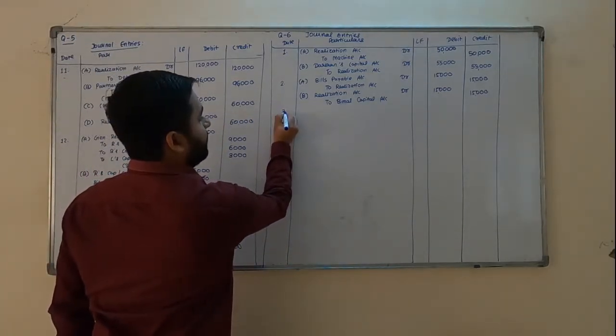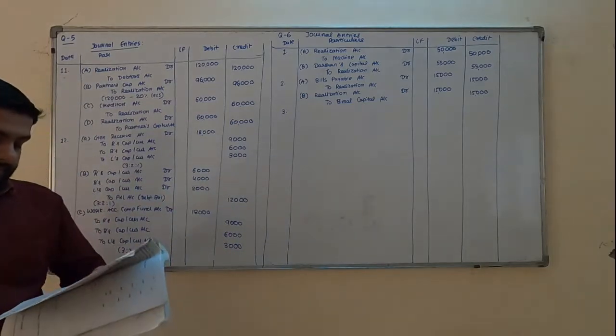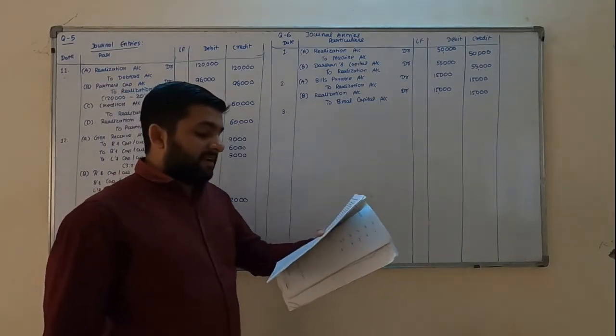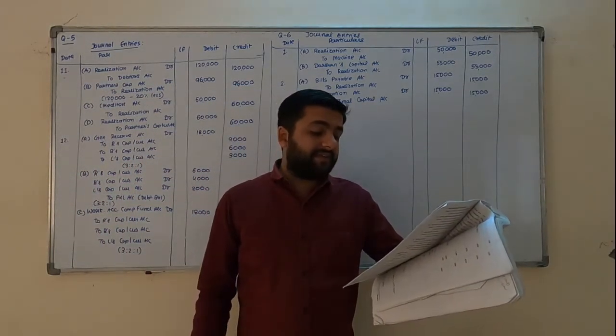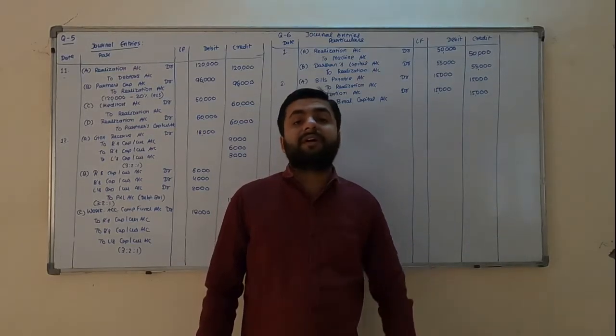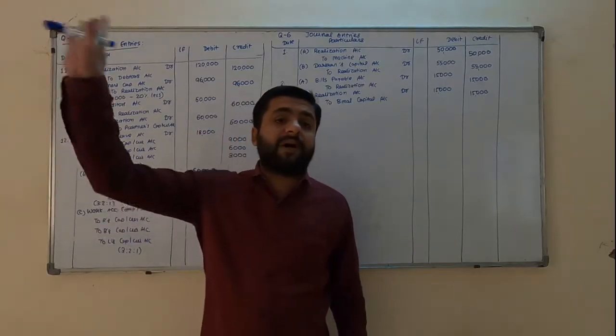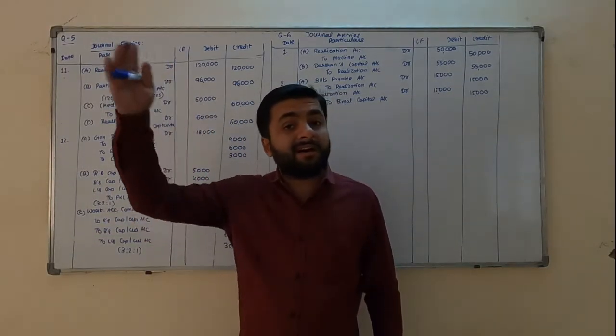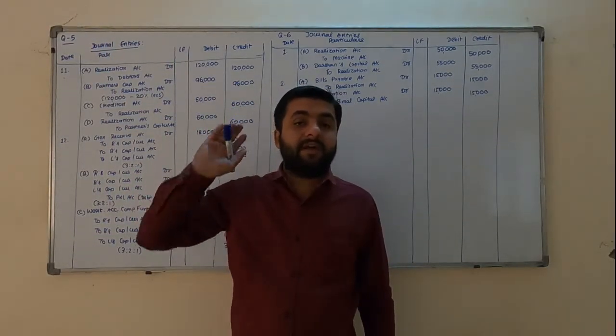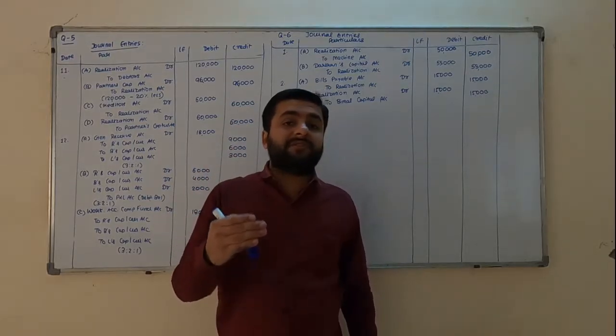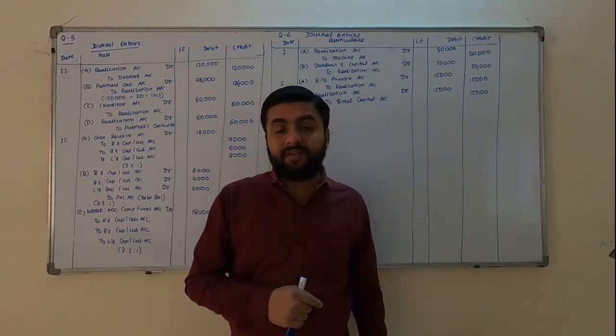Now we are going for number 3. Past bad debts written off of rupees 11,000, out of which 6,000 are recovered. This is very important. Then we had written off past bad debts in a past period earlier. Now out of 11,000, 6,000 is received in this year.